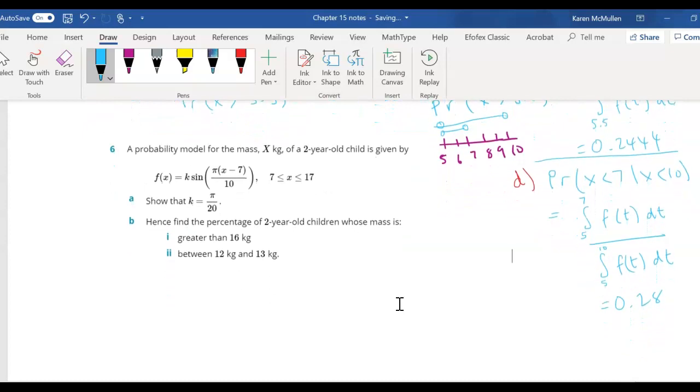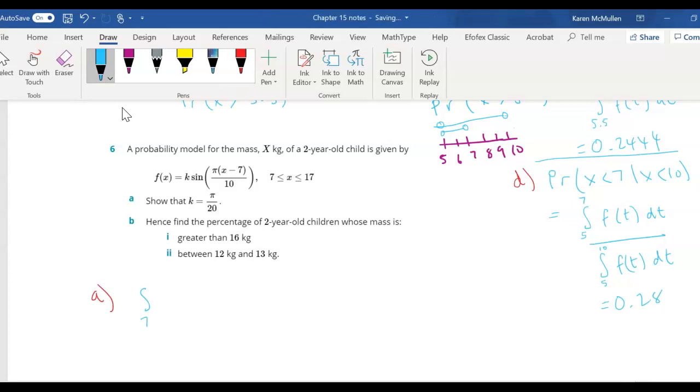So a probability model for the mass x kilograms of a 2-year-old child is given by, so here we've got a trig function, treated exactly the same. Show that k equals pi on 20. So we're going from 7 to 17. Okay, so let's just set up our definite integral.